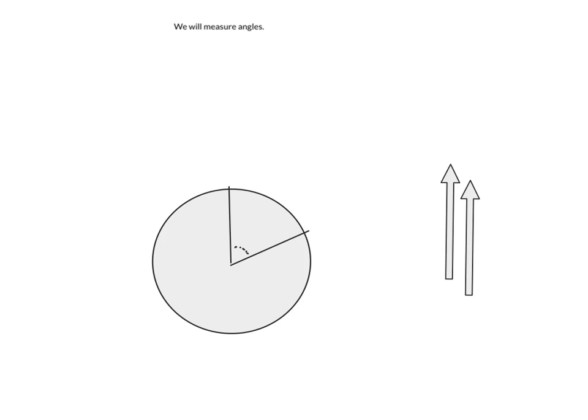Imagine that this angle is 1/6 of the entire circle. To find out its measurement, we need to divide 360 by 6. And we know 6 goes into 36 6 times, so that means that this is going to be 60 degrees.